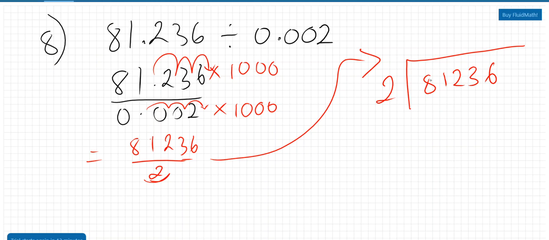So 2 divided by 8 is 4. 2 divided by 1, can that work? No, don't forget the 0. Carry the 1 onto the 2. 2 into 12 can go 6 times, no remainders. 2 into 3, once again, it can't go, so add the 0. If it helps, you can cross off as you go. Carry the 3 onto the 6. 2 into 3 can go once, remainder 1.